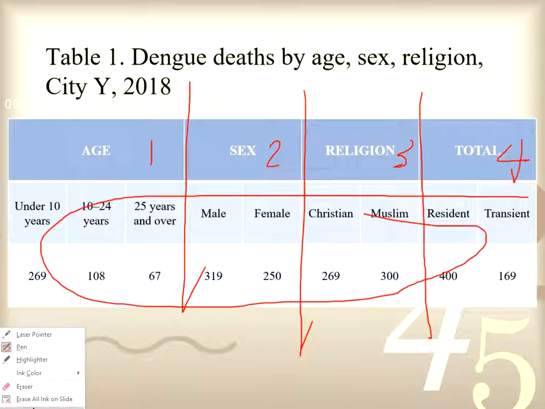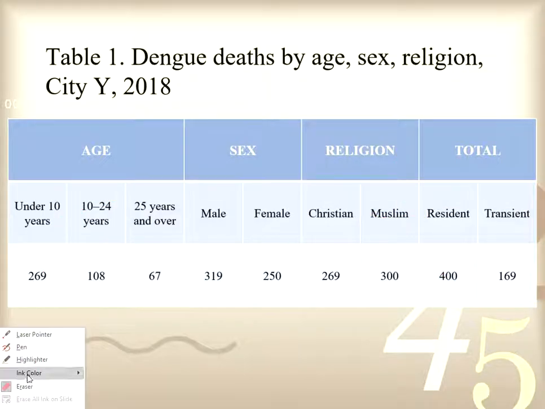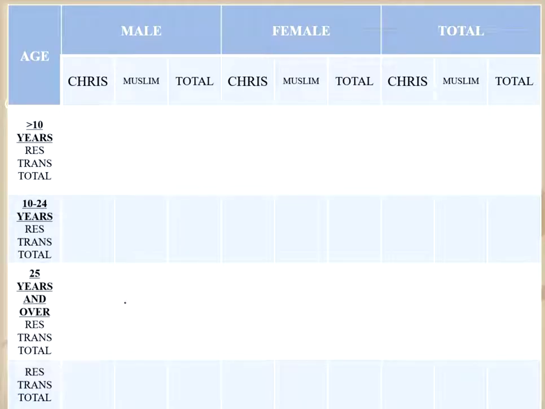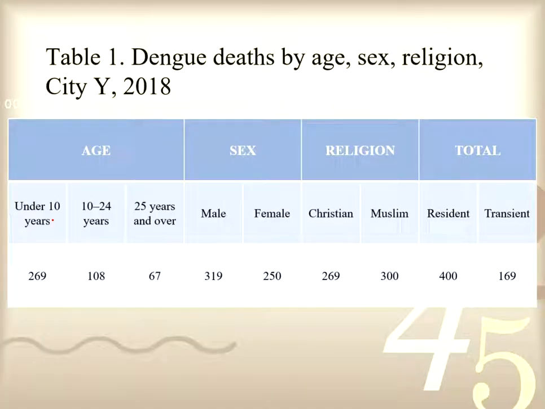So, paano yun? Okay. So, tingnan. Ito na yung isang ating data. Age. Ito yung age natin. So, under 10, 10 to 24 and 25 over.